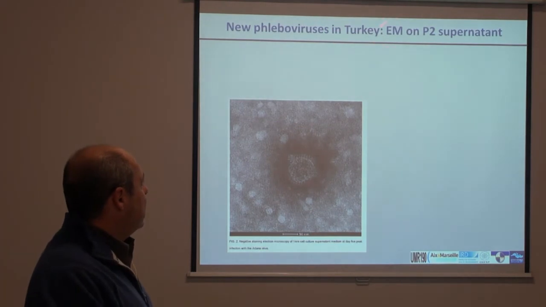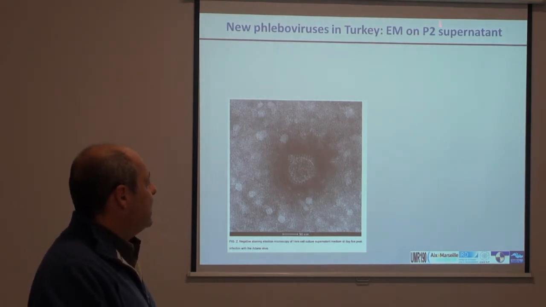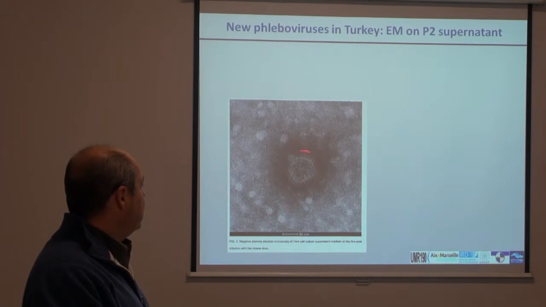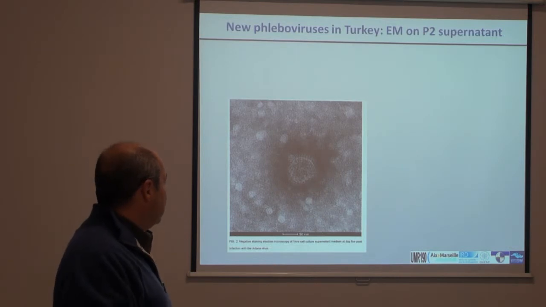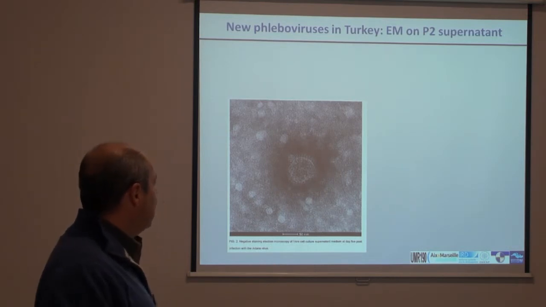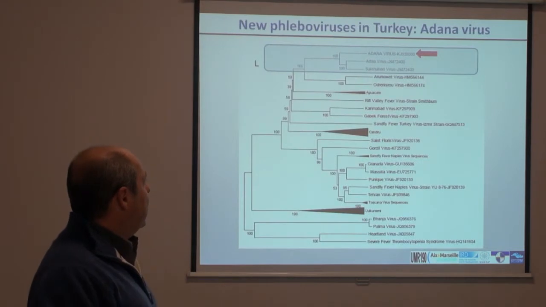So in this case, electron microscopy on the passage 2 supernatant provided an image. We had CPE and an image in electron microscopy that is quite evocative of flaviviruses or Guinia-Iridae.